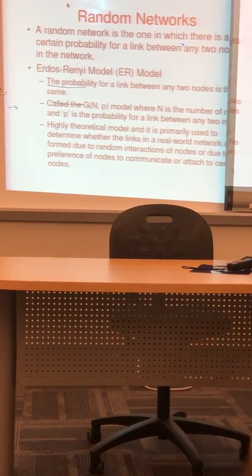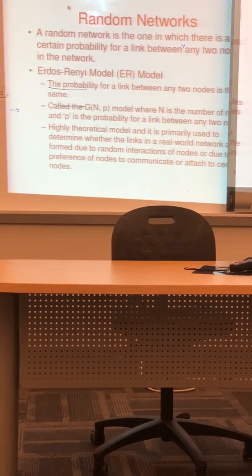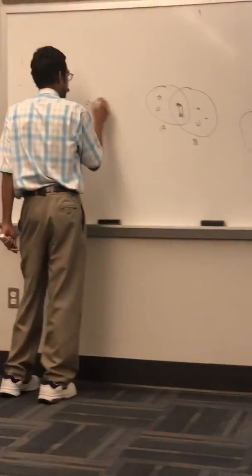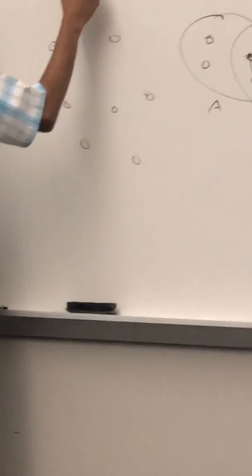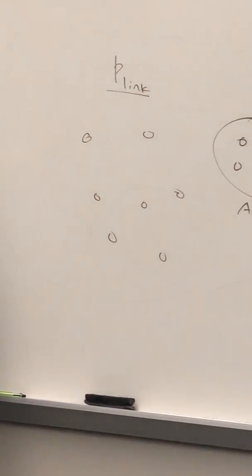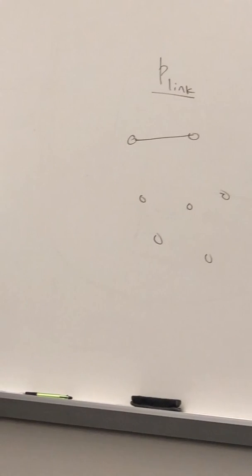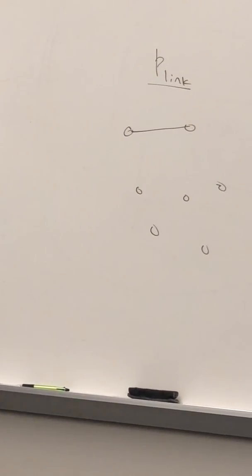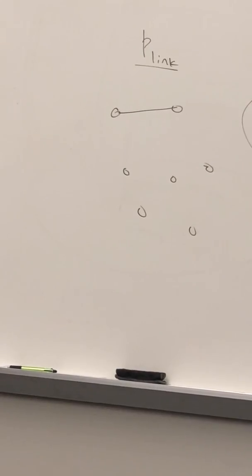As I said, a random network is a network in which there's no preferential attachment. If you put 10 nodes, there is just a probability for a link between any two nodes. We cannot say for sure that there is a link between two nodes; there's only a probability. Based on this, if you generate a network, such a network would be called a random network.